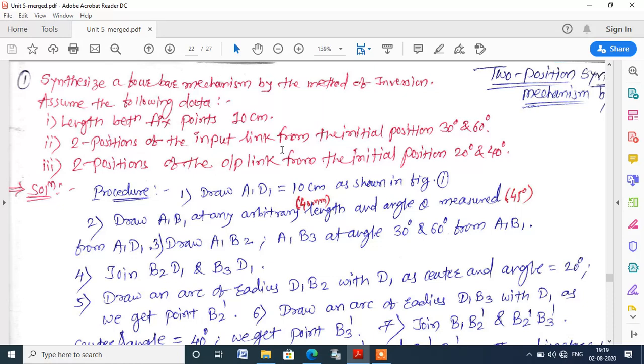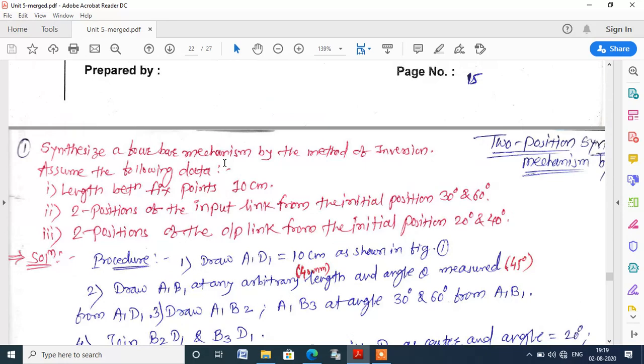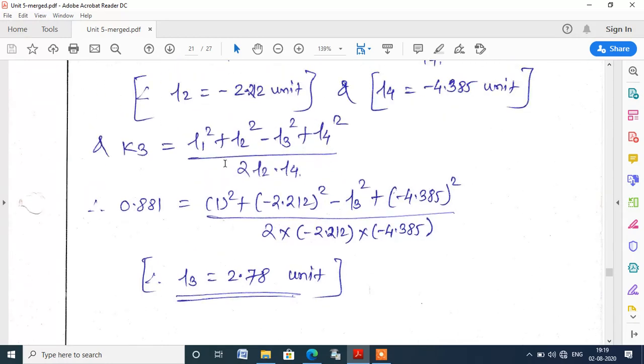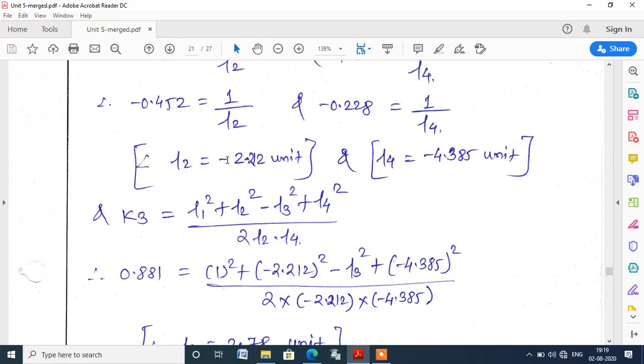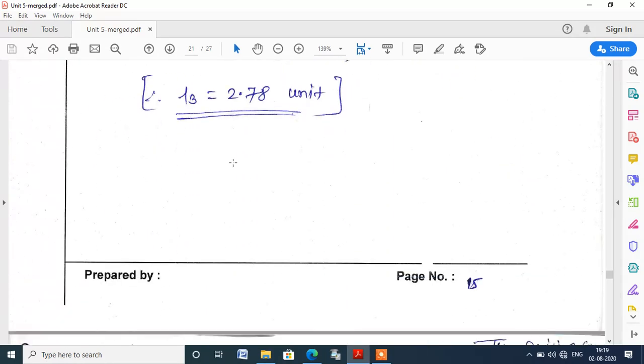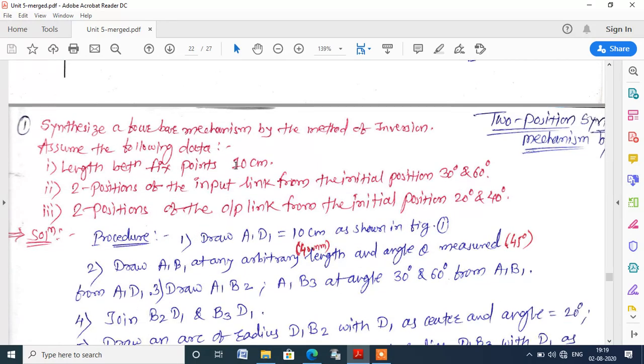In previous class we have seen the analytical method of the Chebyshev spacing and Freudenstein-Sander equation, and we have calculated the various lengths of the mechanism. The another method of this dimensional synthesis is graphical method. So problem will be asked graphically in the exam.